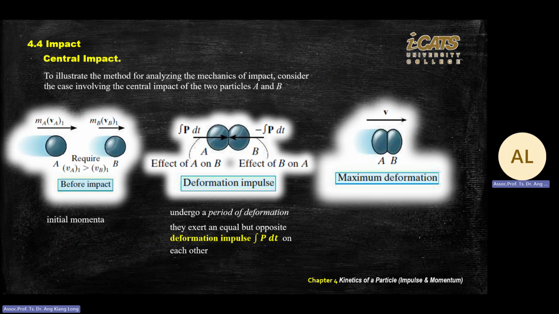Maximum deformation means the two objects squeeze and go together at the same speed. Maximum deformation is only one process, not yet finished. They go at the same speed.